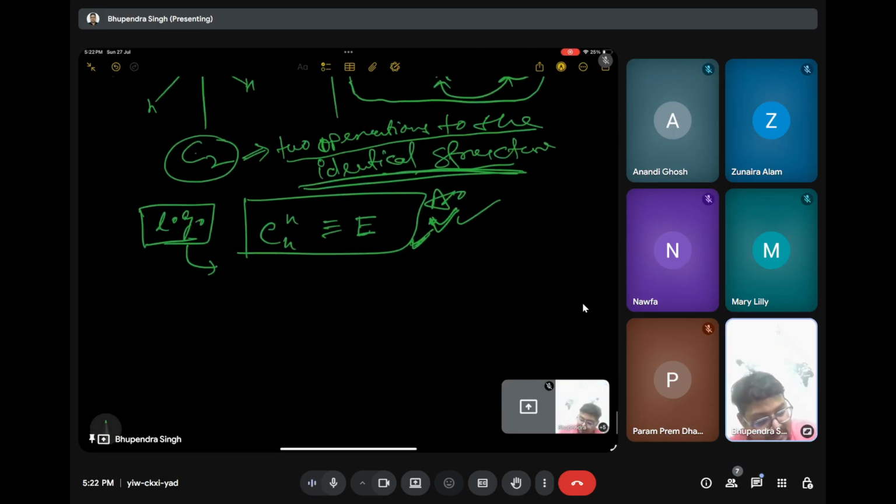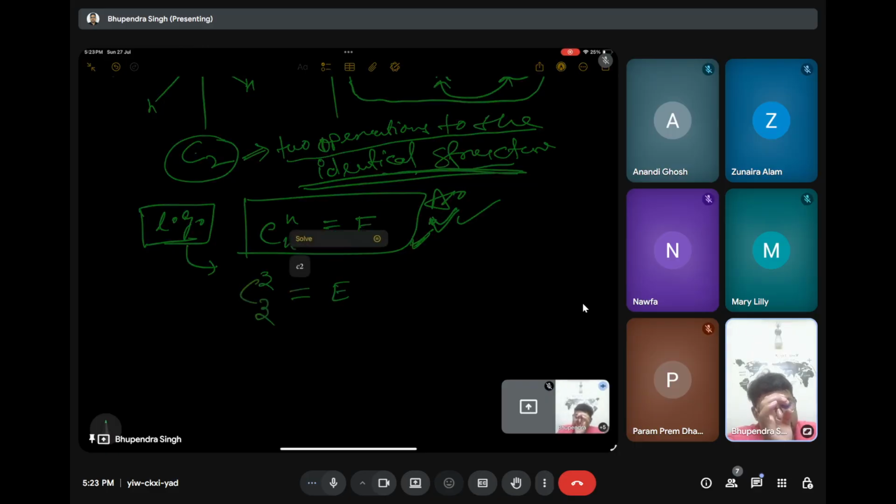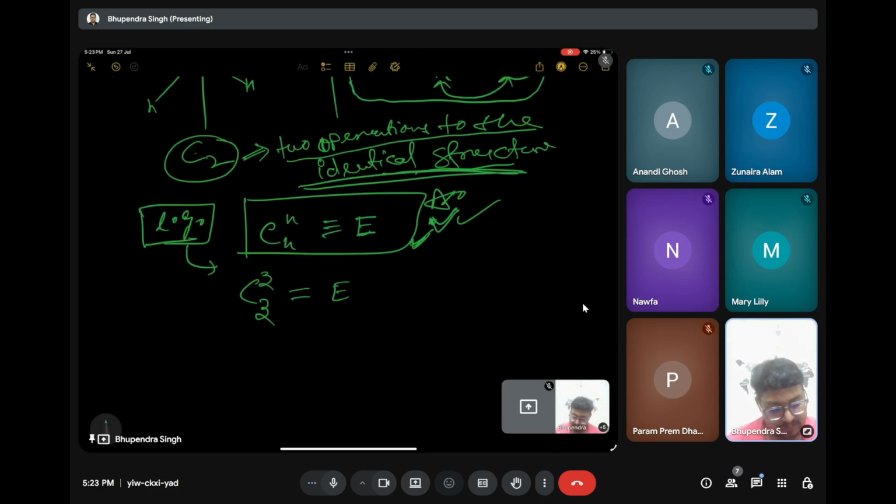Okay. So let's consider the example of C3. You will require three operations to get the identical structure. So after 3 you will get E. Let's say if it is C4, then 4 operations.